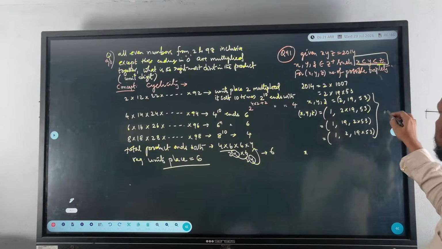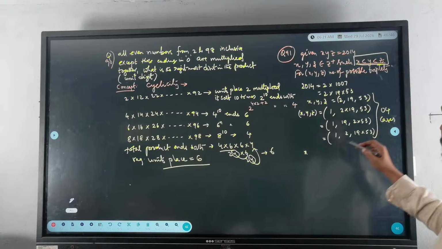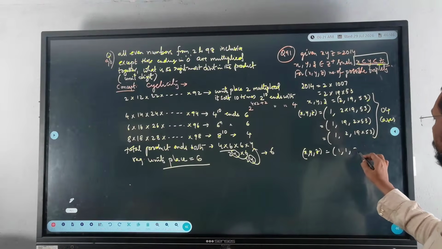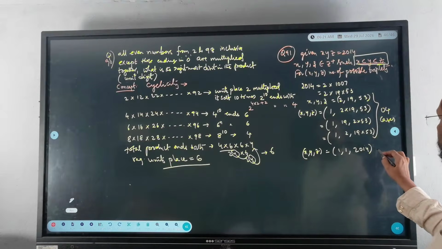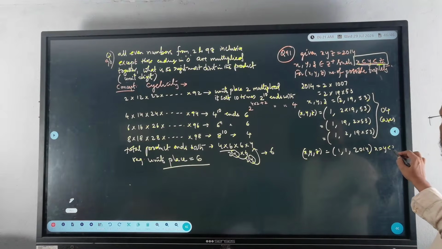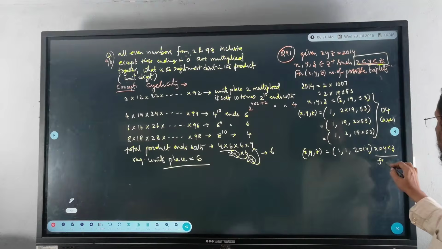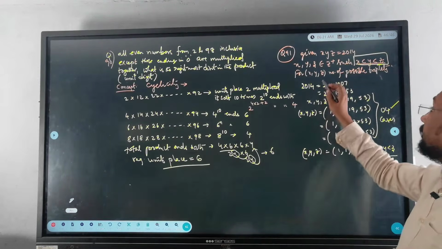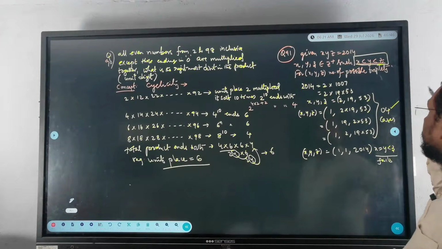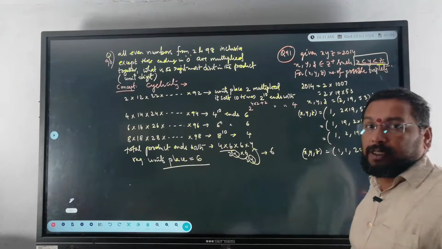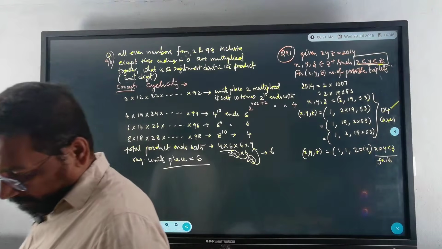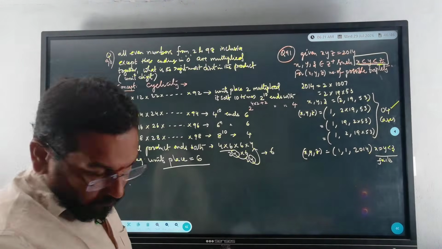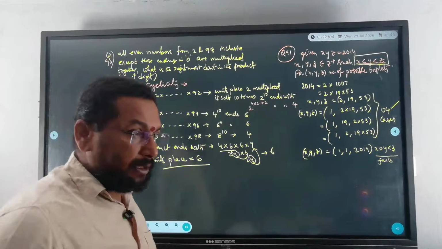So how many cases? Four cases. Here also xyz equal to 1 into 1 into 2014 gives x equal to y less than z, so it fails. So the number of possible triplets is 4 only, by splitting it into factors.